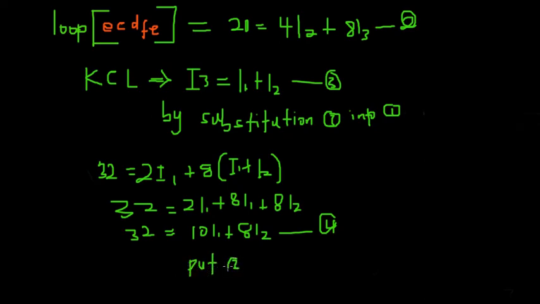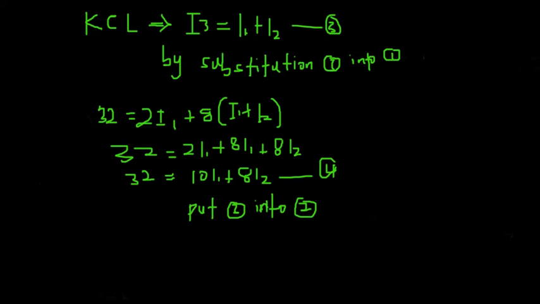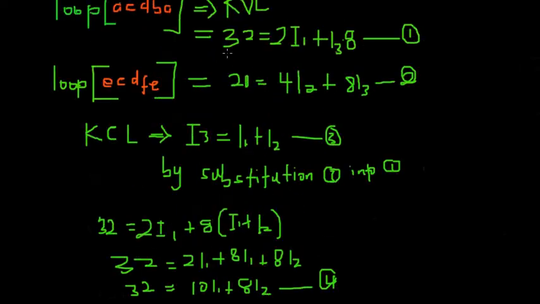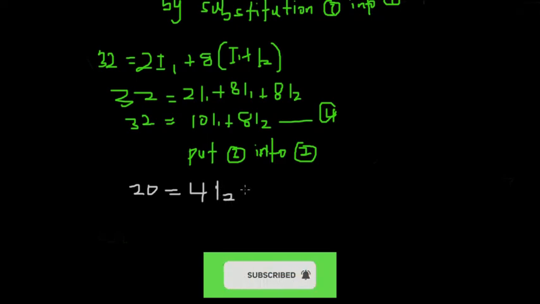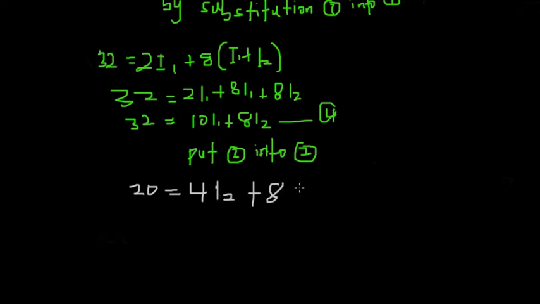Put equation 3 into 2, that one will also give us 20 equal to 4I2 plus 8 times I1 plus I2. So let's change the color over here.